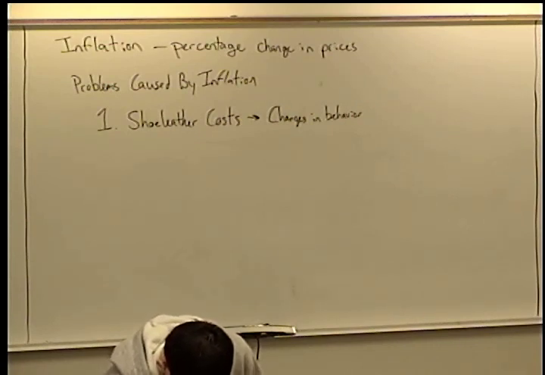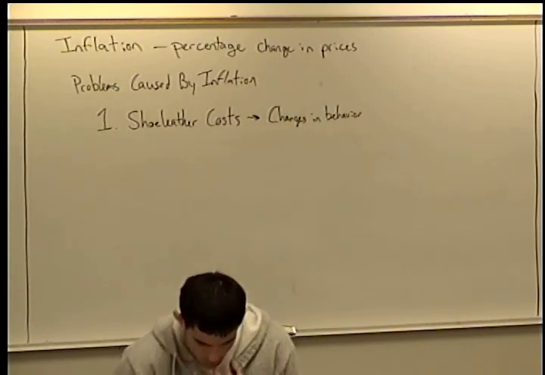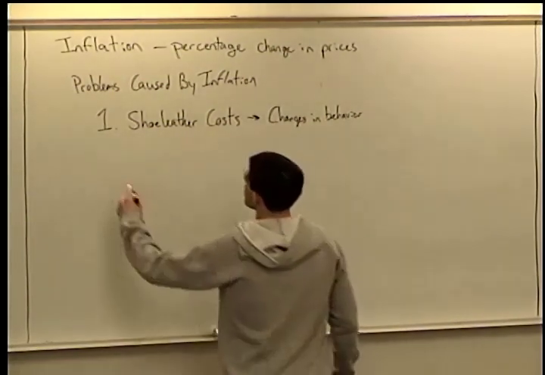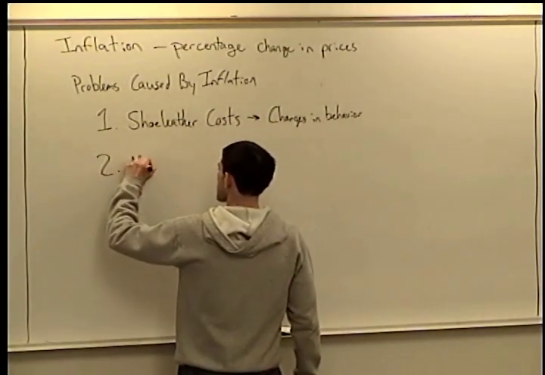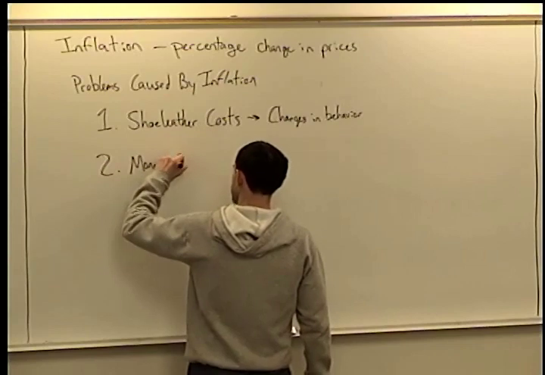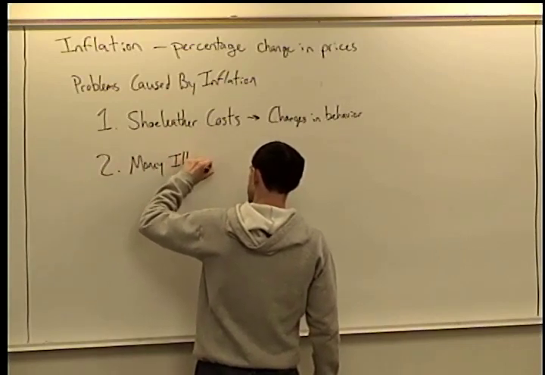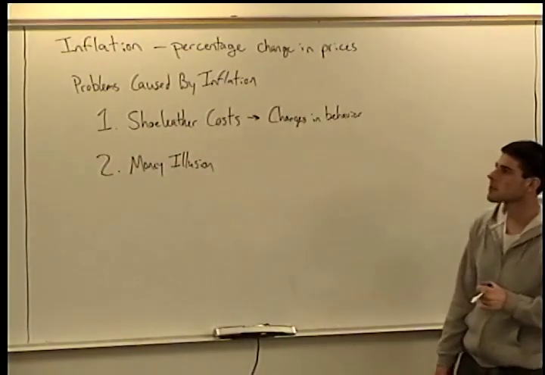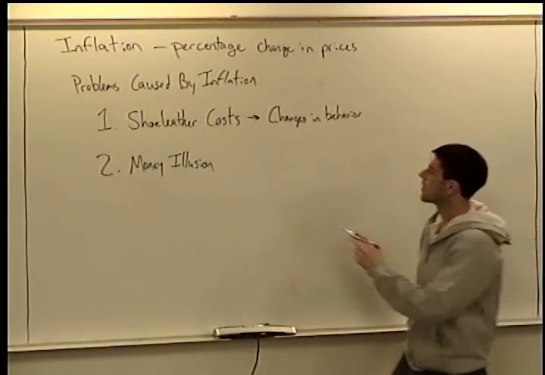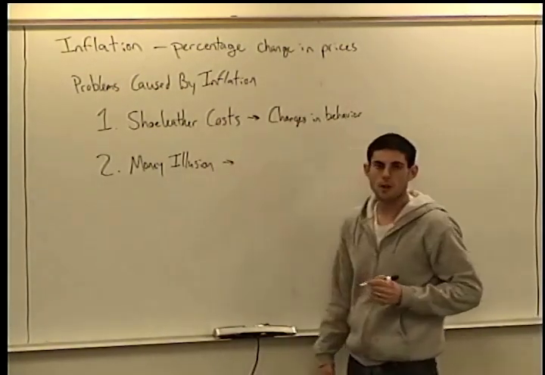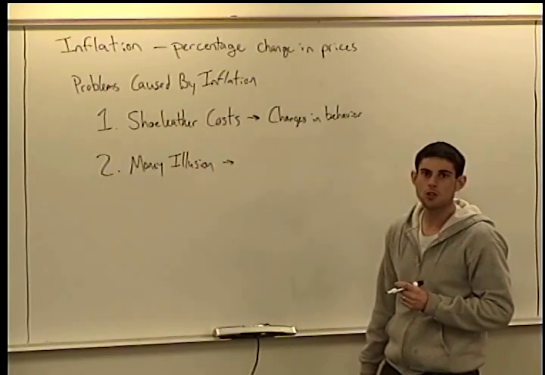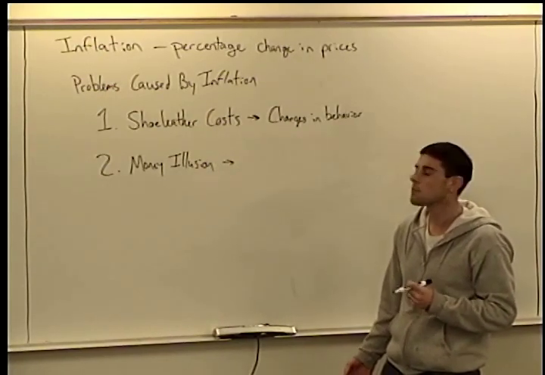Second cost is what we call money illusion. What we mean by money illusion is that we may think that our wages are rising, but they're just going up because average costs have gone up as well.